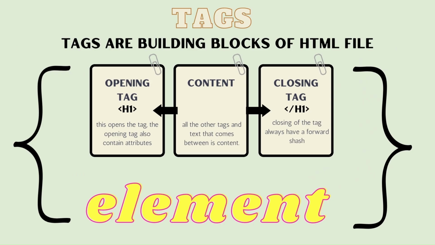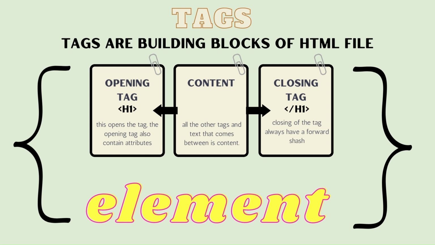If I talk about the building blocks of HTML, HTML is all about elements. Okay, so tags are the building blocks of HTML. And there are two types of tags: opening tag and closing tag, right?